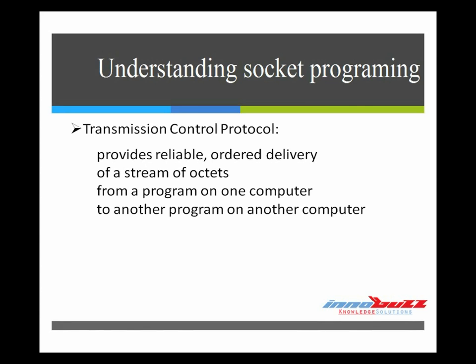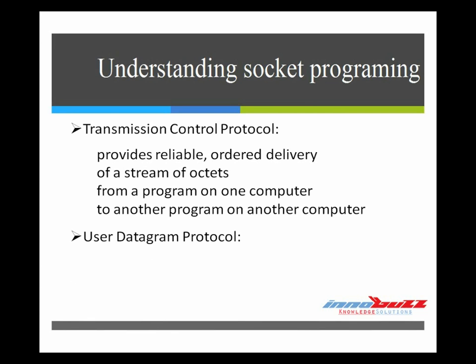It also guarantees flow control, which limits the rate at which the sender transfers. The receiver continually hints to the sender how much data can be received, and it also guarantees congestion control.